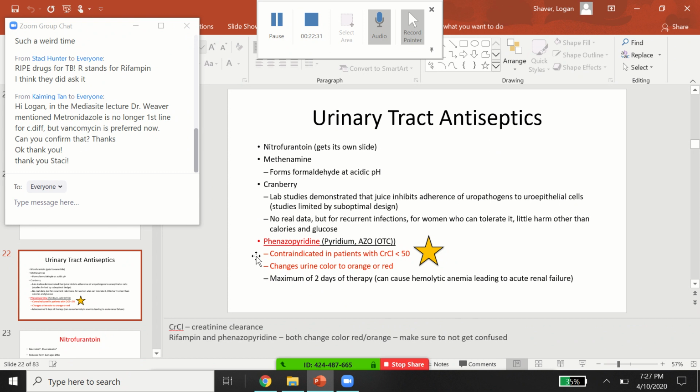I think we had a rifampin question, so maybe she could reword it and put this drug instead. Another thing to know is that it's contraindicated in patients with creatinine clearance of less than 50. But I don't remember her really asking much about this drug in particular, so unless she's changed it over the past year, I don't see it being as high yield as rifampin.